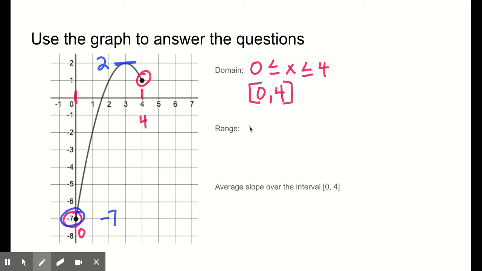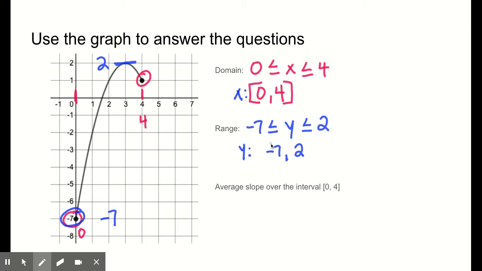So in inequality notation, -7 is less than or equal to y is less than or equal to +2. And in interval notation, and here I should have put the x so that we know which one we're referring to. In interval notation, it's -7, +2.